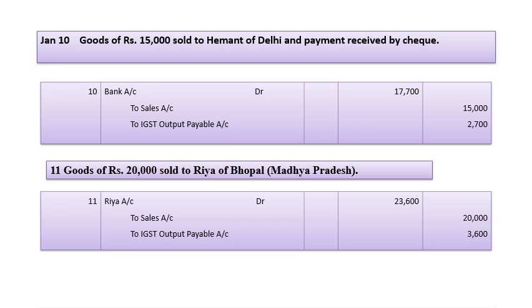Ria account debit 23,600 to sales account 20,000 to IGST output payable account 3,600. 3,600 if you make 18% of 20,000, because rate of IGST is 18%. So 18% of 20,000 is 3,600. So if you make total of this 20,000 and 3,600, it will come to 23,600.